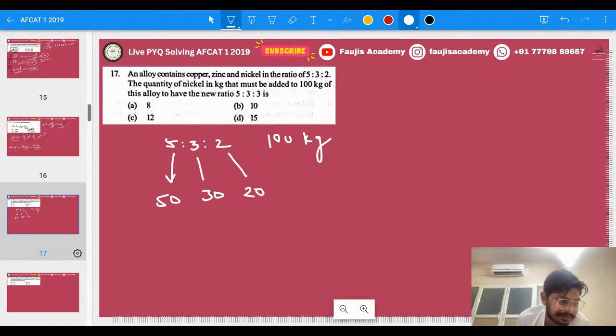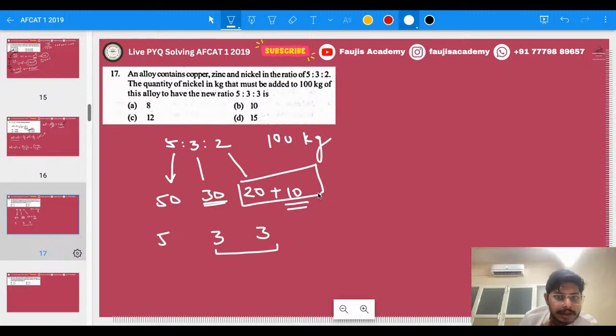If the ratio has to become 5 is to 3 is to 3, that means these two have to be equal. Over here is 30. Can we add 10? Yeah, absolutely 10. So we will add 10 kgs of nickel over here. And then is the ratio coming 5 is to 3 is to 3, isn't it?